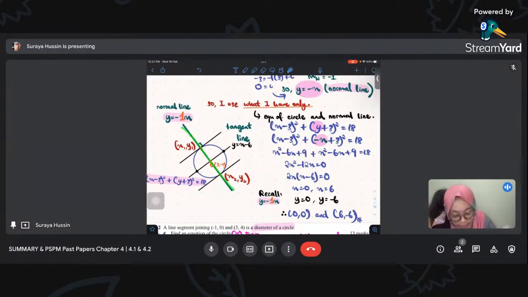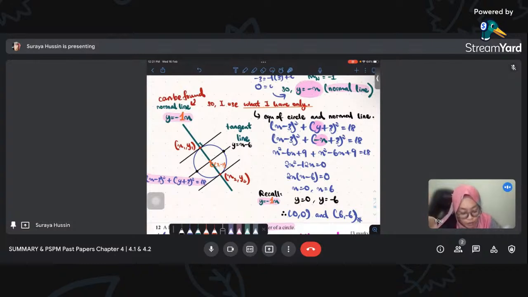Normal line can be found by using the gradient, having the intelligence of learning the gradient of tangent and the gradient of normal.